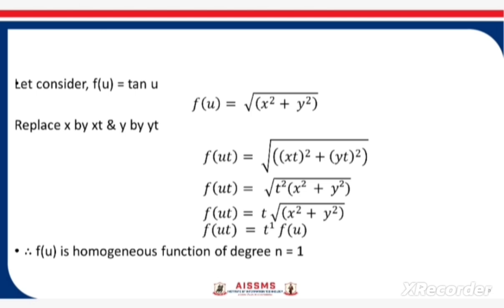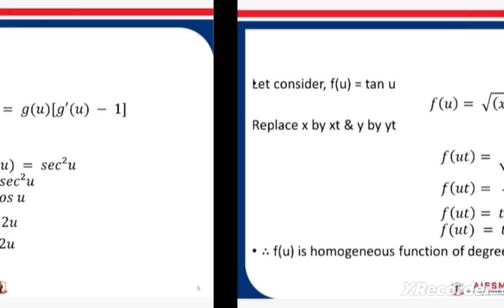By a similar process, we get f of ut equals t into square root of x square plus y square, and we know that square root of x square plus y square is f of u. So f of ut equals t raised to 1 into f of u. So u is not a homogeneous function, but f of u is a homogeneous function of degree n equal to 1.